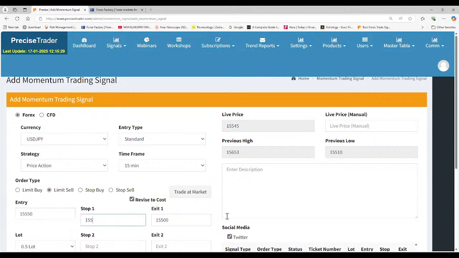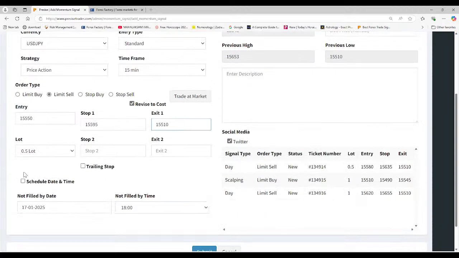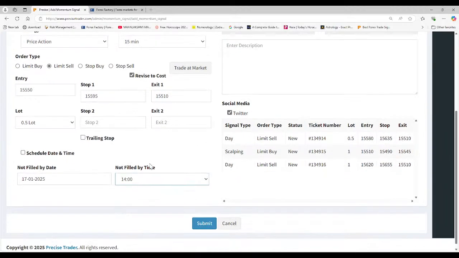The stop we will put at 155.95, and the TP is 155.10. This one also is a half lot, since we are going for a momentum trade, so we will try to reduce the time to 2 o'clock.